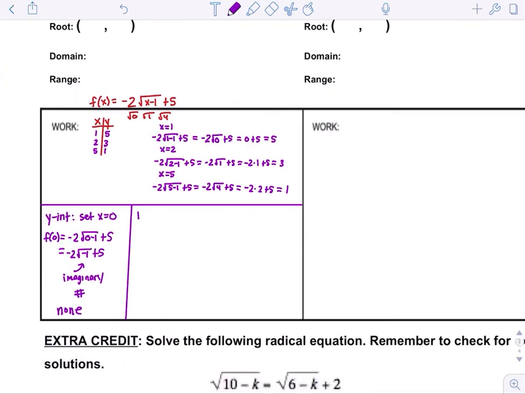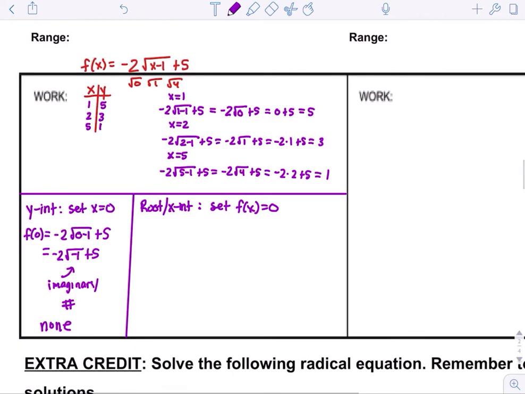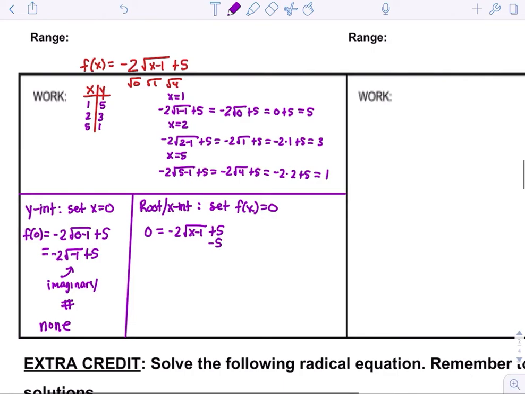Now let's get your root, which is also the x-intercept. So set f of x equal to 0, which makes the whole equation equal to 0. So 0 equals negative 2 radical x minus 1 plus 5. Now we just solve for x. Minus 5 to both sides.